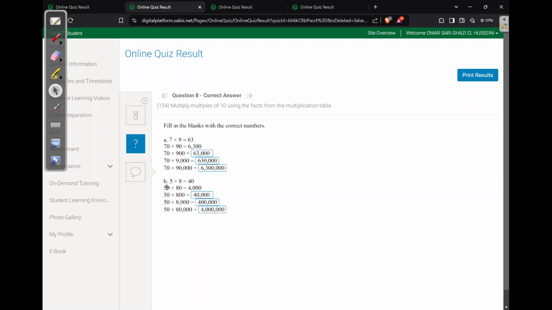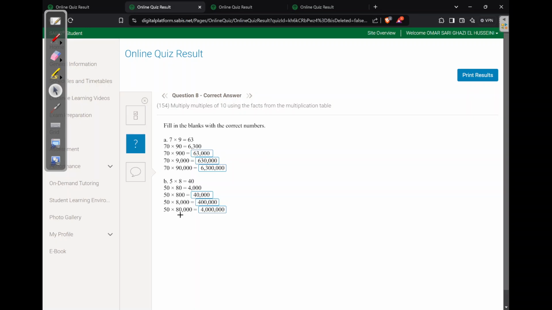Okay, here. 5 times 8 equals 40. We add the 3 zeros and then 1 zero alone, since 5 times 8 equals 40, so there's 1 zero alone, so 40,000. Here, 50 times 8,000 equals 400,000, since there's 3 zeros, but then we add the 1 zero.